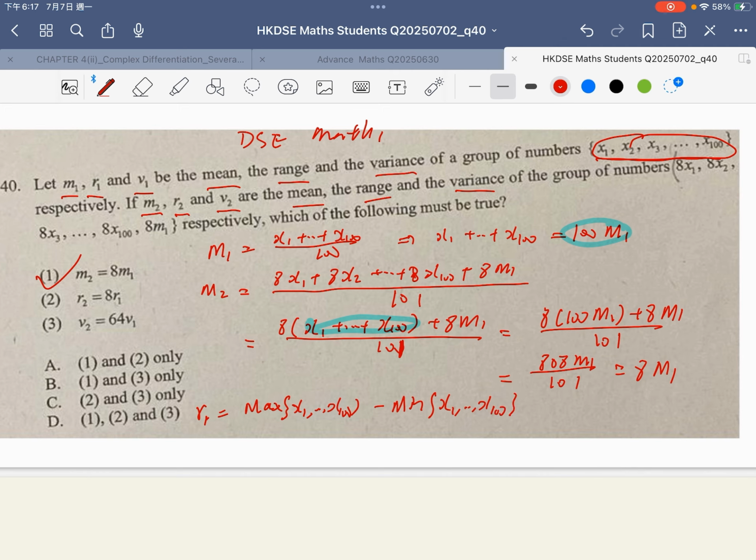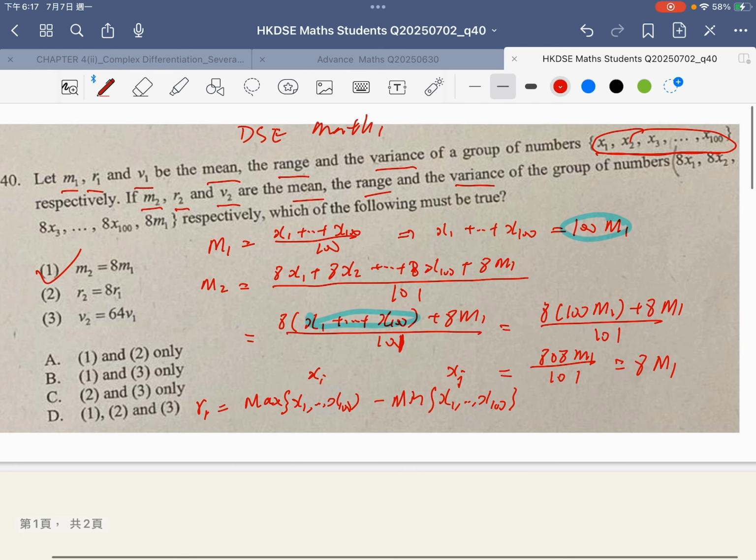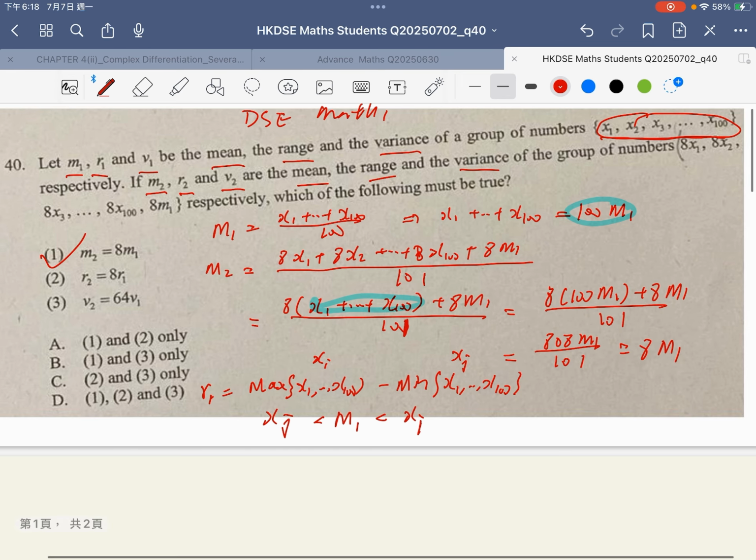For example, you can see xi is the maximum and xj is the minimum. Because M1 is the mean of these 100 data, this M1 should be greater than the minimum xj and less than the maximum xi.